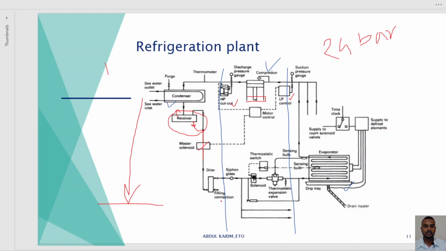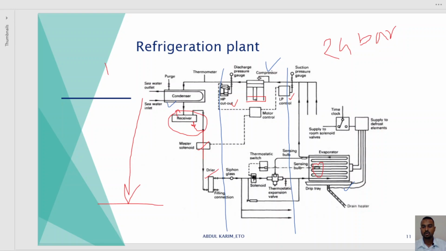As already said, the filter removes any mist or oil particles from the refrigerant, and the dryer will absorb any water particles in the system or refrigerant. Through the sight glass, we can observe the condition of the refrigerant. The refrigerant will go to the solenoid valve and then the thermostatic expansion valve to the evaporator. Here you see a sensing valve.